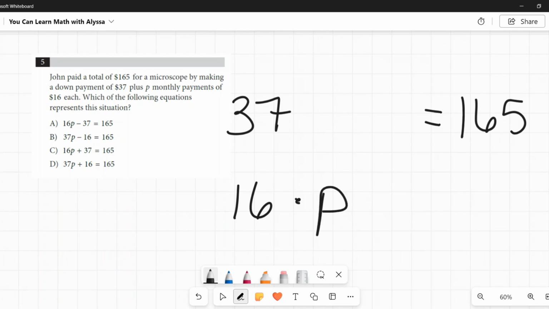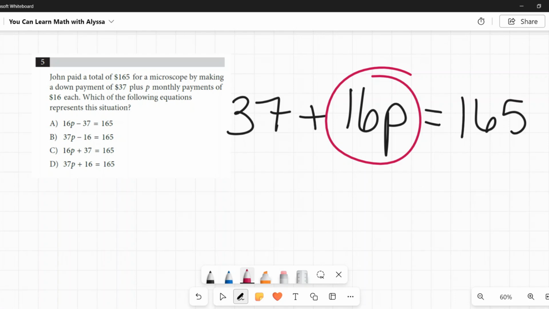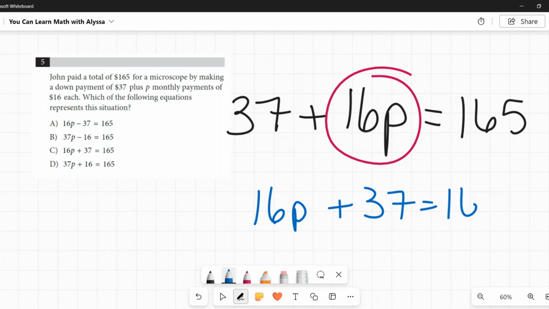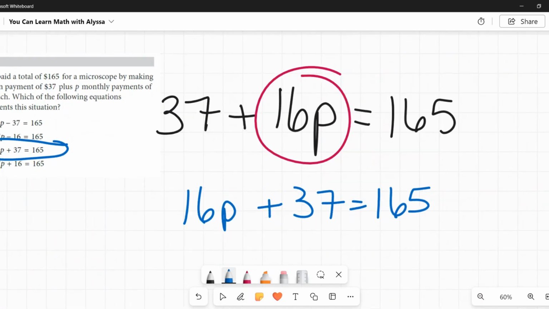In this case, that's represented by P. So that first initial down payment of $37, and then we're adding $16 times however many months. Normally when we have equations, we put our variable first. So I'm going to write it as 16p plus 37 equals 165. And if I look at my choices, sure enough, there it is. C is my answer.